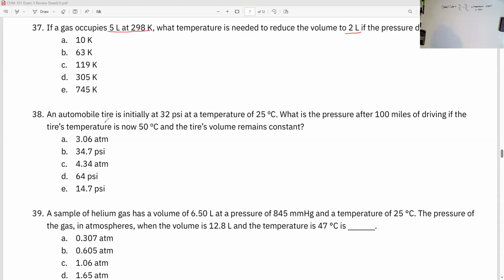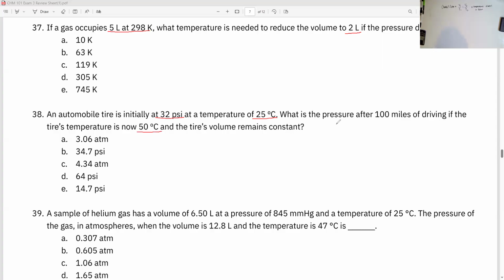In number 38, which we'll do right after number 37, it says an automobile tire is initially at 32 psi at a temperature of 25 degrees Celsius. What is the pressure after 100 miles of driving if the tire's temperature is now 50 degrees Celsius and the tire's volume remains constant?